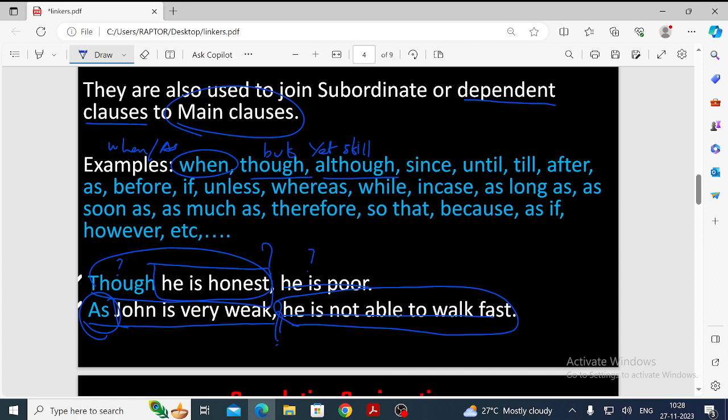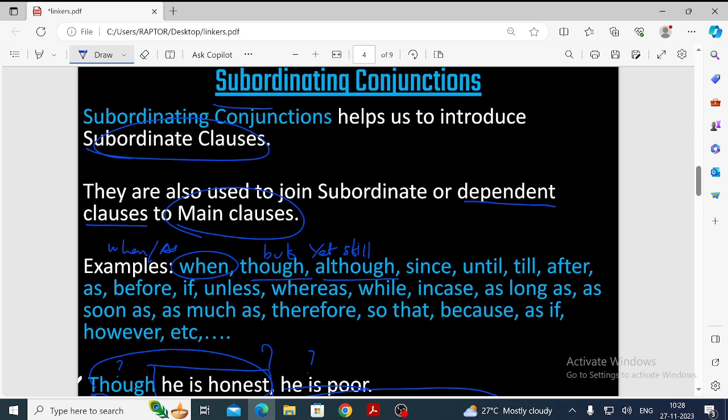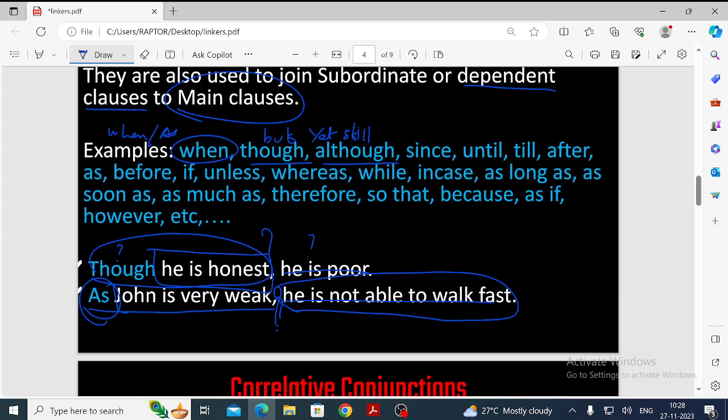So you should remember, a coordinate conjunction will come in the middle of the sentence. The blank will be there in the middle. When it comes at the very first of the sentence, you should remember that it belongs to the subordinate conjunctions. So this will be very easy when you work out the sentences, and then only we will make the answer, or else by reading the sentence itself we will make it.